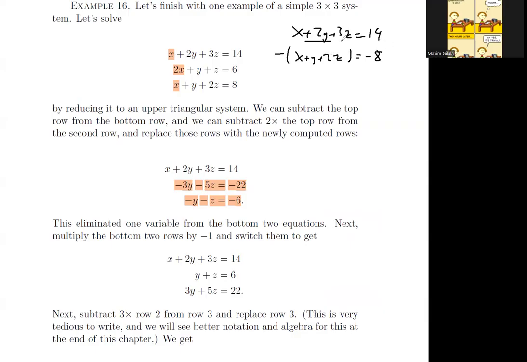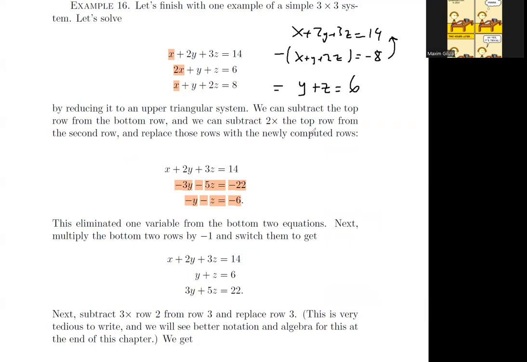So subtracting is the same because these are all equal. We could subtract the same thing from both sides. So if we subtract, we get y plus z equals 6. Oh, so I subtracted the opposite way when I wrote it. I subtracted the top one from the bottom one to get y plus z equals 6.